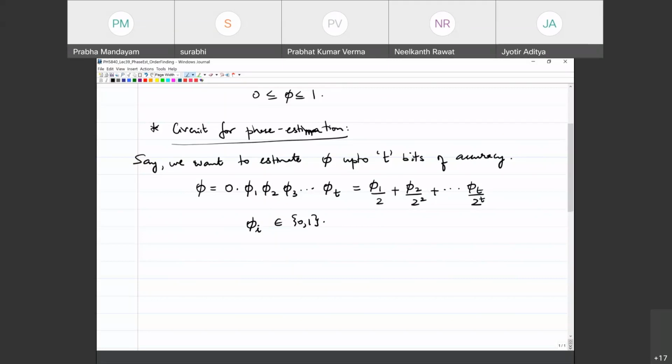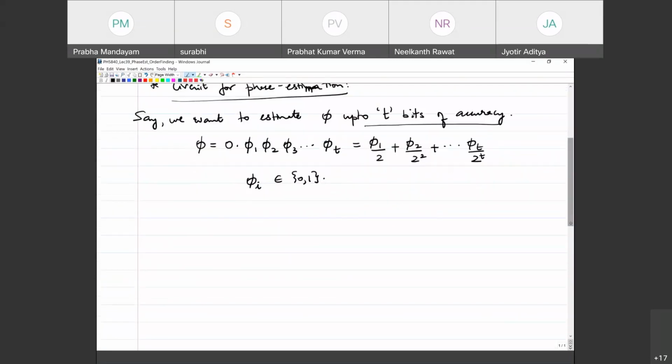So this is what I mean by saying I want to estimate phi up to t bits of accuracy. In that case, I will need t data qubits, right?